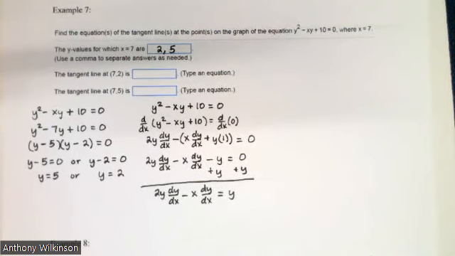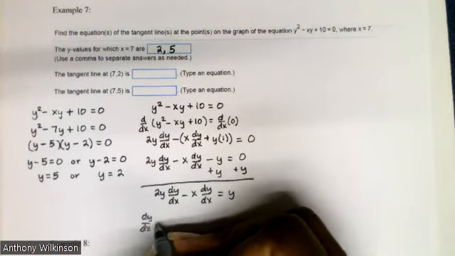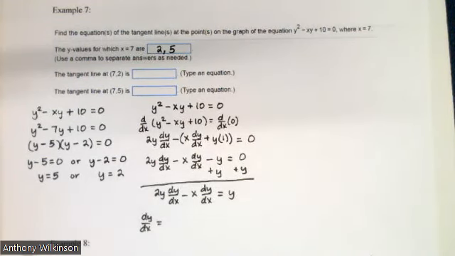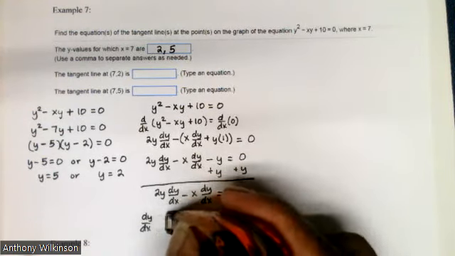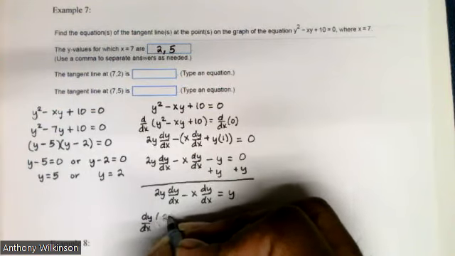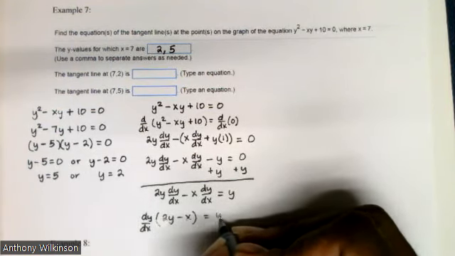The left side, I'll factor out the dy/dx. That will mean, in parentheses, I'll have 2y minus x is equal to y.